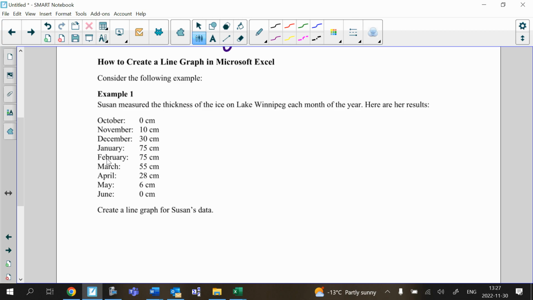Keep moving on. So once you've got all that data entered, really just the big thing here, like I said, is deciding which graph to choose.